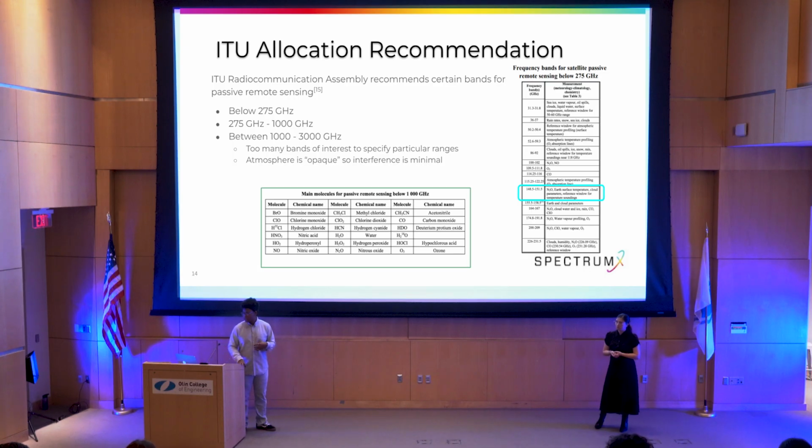Additionally, they have some allocations for 100 to 275 gigahertz, as well as a lot of open space between 275 and 3000 gigahertz. Now, a lot of the space in these bands is a bit more opaque, so interference is minimal, which makes it a potentially useful area for 6G and other players to take advantage of.